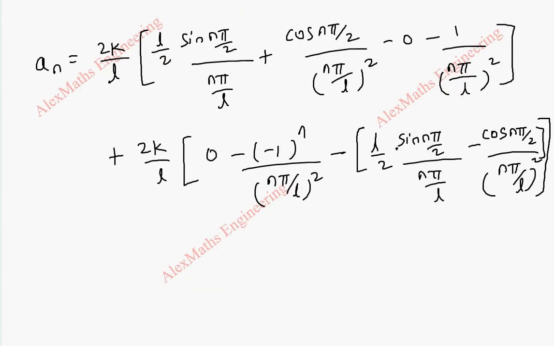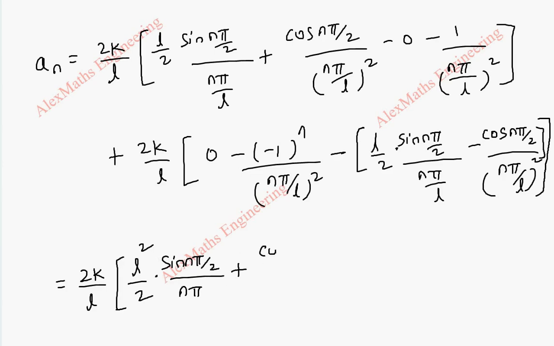Now let's simplify this. Totally there is 2k by L common. After that, we can take this term L by 2 into sin n pi by 2 by n pi by L. That L goes to the numerator as L square because already there is one L. Here cos n pi by 2 by n square pi square by L square. So L square I keep it here. Then minus 1 by n square pi square by L square.